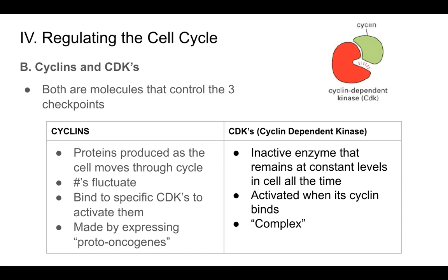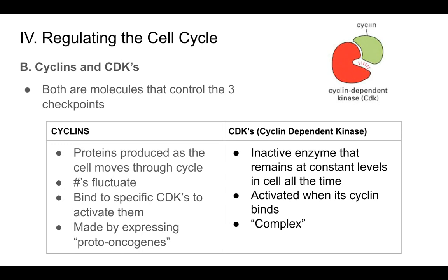Now, we've seen kinases before. Remember, kinases are enzymes that phosphorylate, add phosphate groups to other proteins in the cell communication pathway to activate them. And so the cyclins essentially are activating the proteins that will go about activating other proteins.